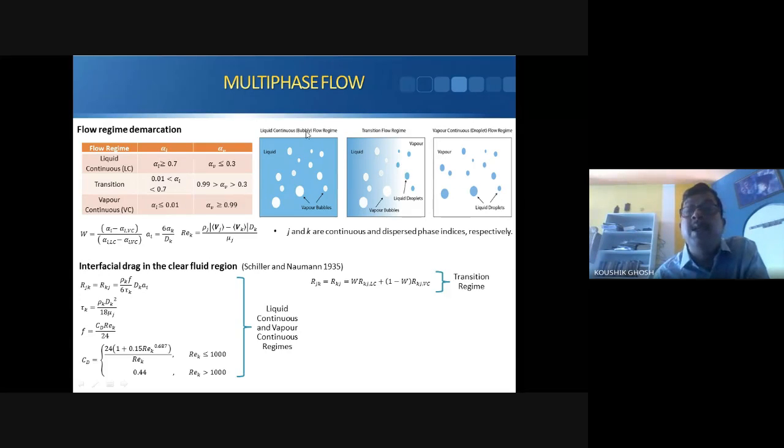So bubbly and vapor continuous droplet flow are all implemented inside the CFD code. And interfacial drag is a huge issue, because this is a two-phase drag. You can imagine a liquid vapor mixture rushing, and the drag is basically the two-phase drag. So this two-phase drag is implemented inside the model.